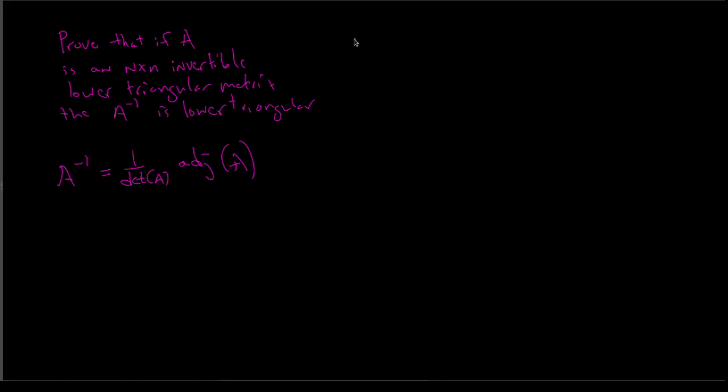So some things we know. Theorem 2.1.3: if A is triangular, upper, lower, or diagonal, any form of triangular, then the determinant of A is equal to the product of the diagonals.